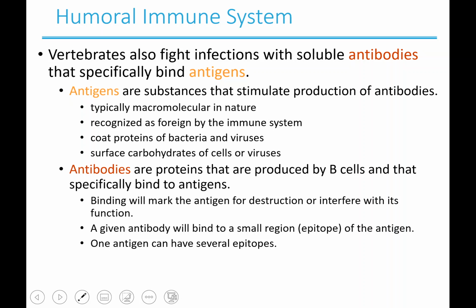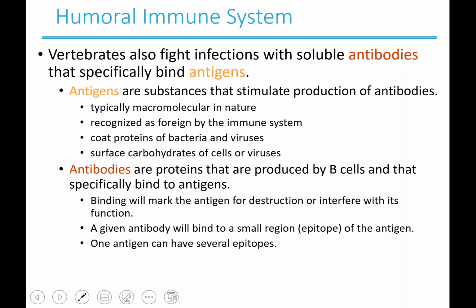Antibodies are proteins that are produced by the B cells and specifically bind to their antigens. The binding marks the antigen for destruction, or sometimes it can interfere with the antigen's function.